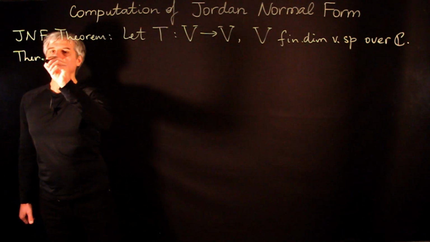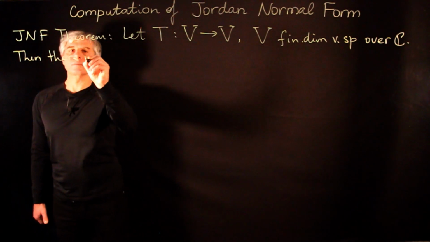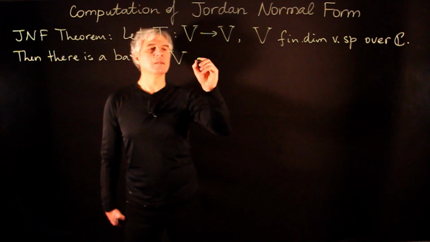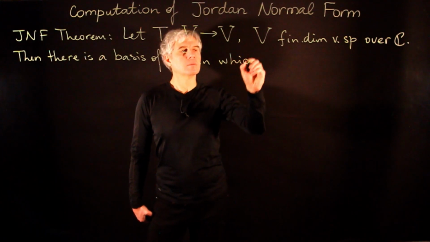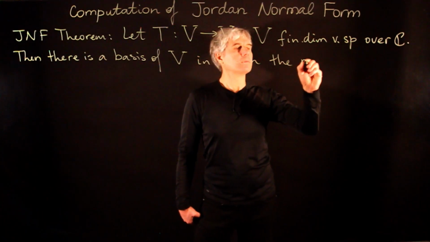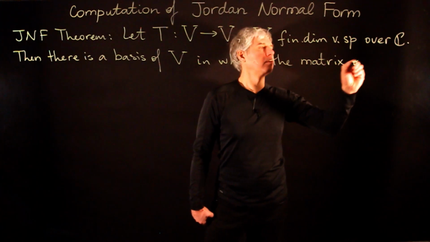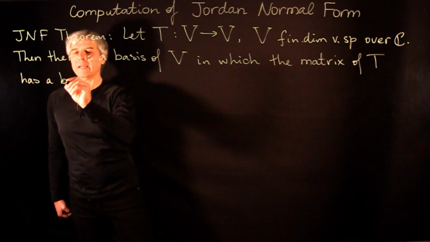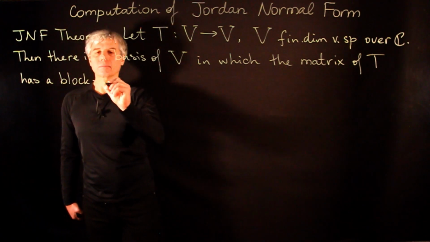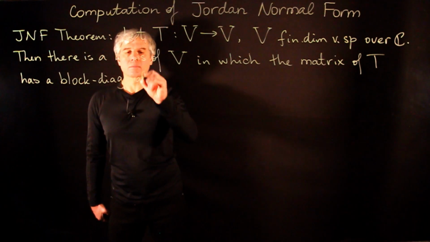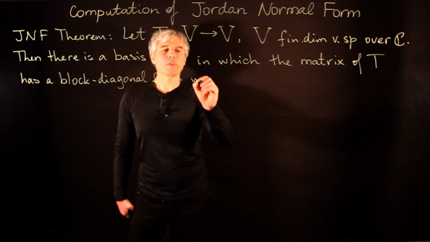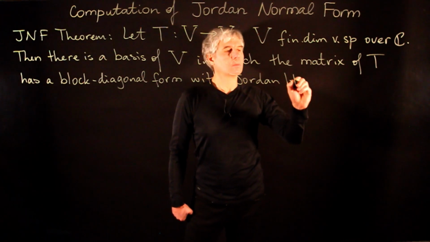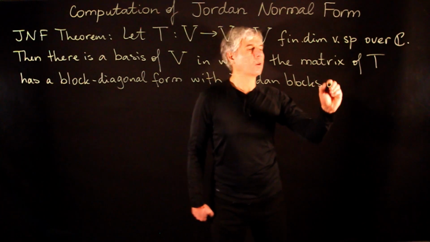Then there exists a basis of V in which the matrix of T has a block diagonal form with the Jordan blocks on the diagonal.